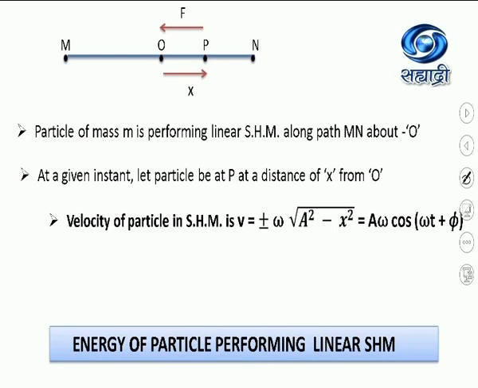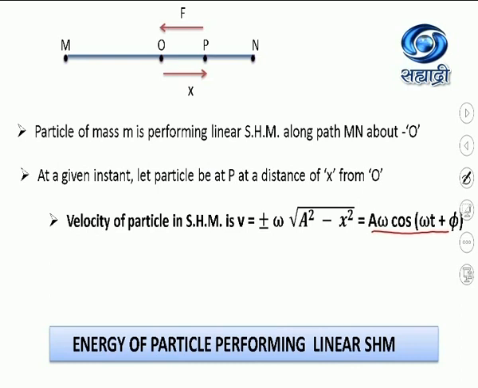From where is this equation obtained? If we take x is equal to a sine of omega t plus phi and simply differentiate that expression of x, we get the velocity. So this is the expression of velocity, which indicates how the velocity depends on time.